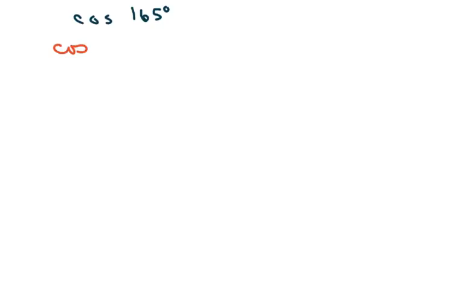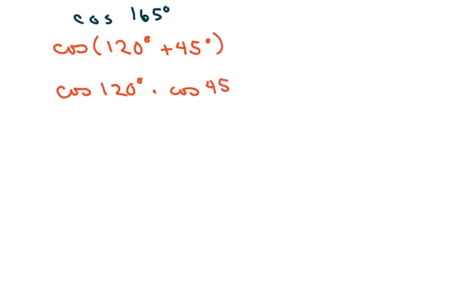You have cosine. I'm going to go ahead and break this as 120 plus 45 degrees. And again, I'm not going to keep writing the formula out, but you're going to get cosine 120 times cosine of 45. Remember, you have a minus now.